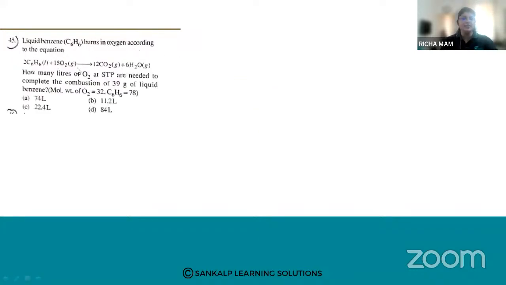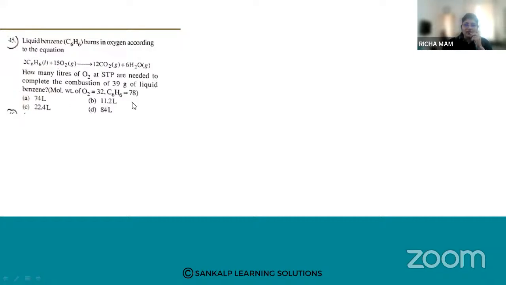Liquid benzene burns in oxygen according to the equation. This is the equation given. How many liters of oxygen at HTP are needed to complete the combustion of 39 grams of liquid benzene?